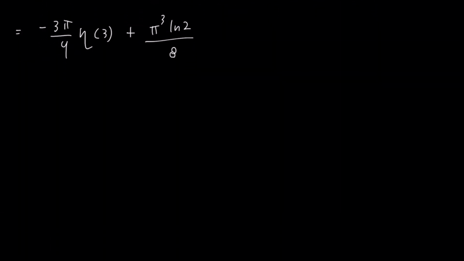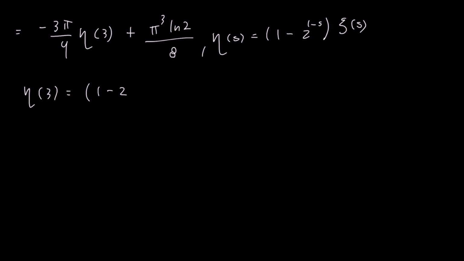And now from here, we will use the relationship between the eta and zeta function. I did a video on this, and essentially it's eta s equals 1 minus 2 to the 1 minus s times zeta s. So plugging in s equals 3, we have eta 3 equals 1 minus 2 to the 1 minus 3, which is negative 2, zeta 3, which is the same thing as 1 minus a fourth times zeta 3.